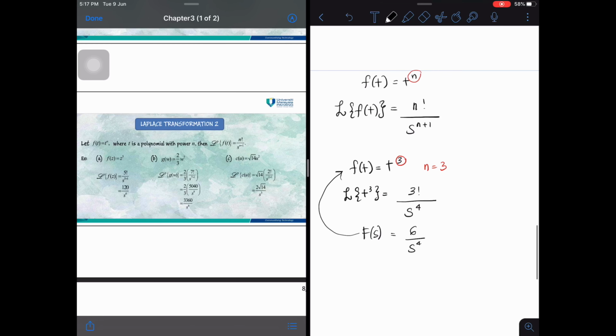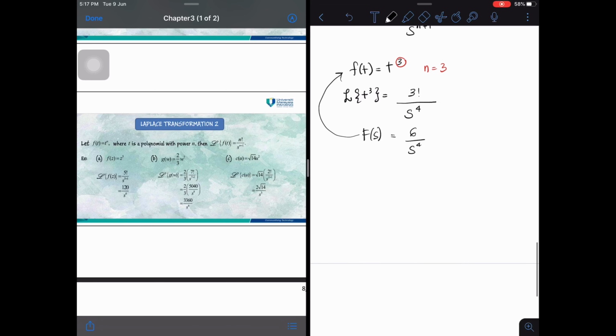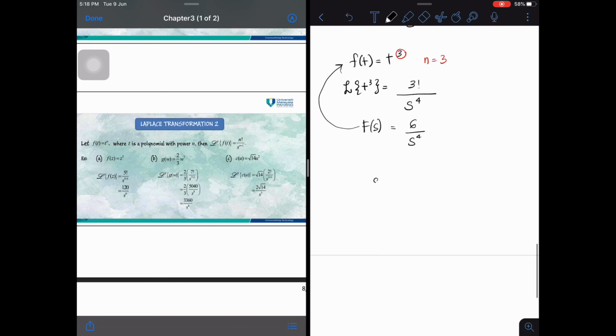Let's see example B here. In example B, we have g(w) equal to 2 over 3 w to the power of 7.